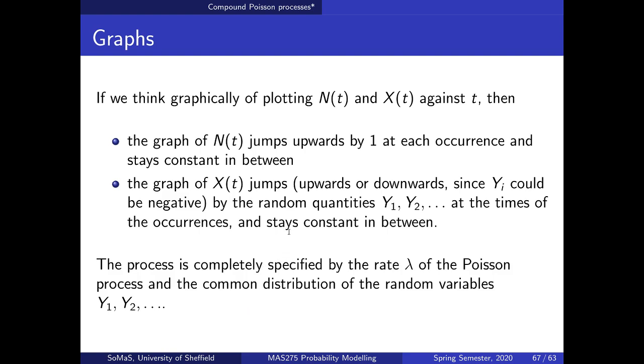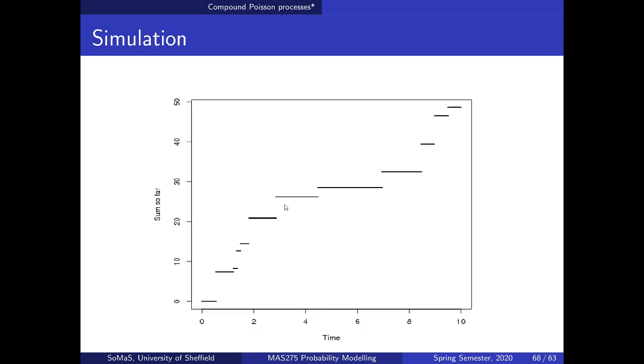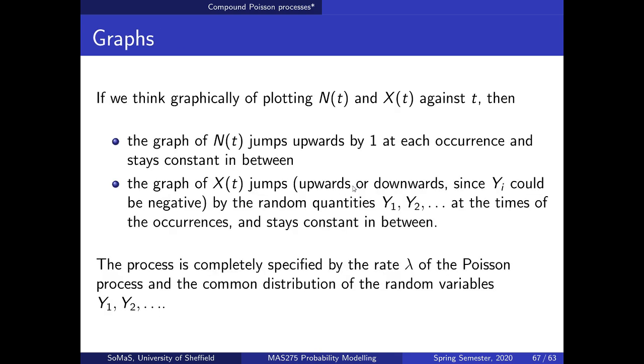You can plot both N of t and X of t together if you like. N of t jumps by 1 at each occurrence, while X of t jumps by the random quantities Y1, Y2, and so on. Here X of t jumps upward, but it doesn't have to be the case. If my Y has a distribution which can be negative, then my X of t can jump downwards. That's completely fine.